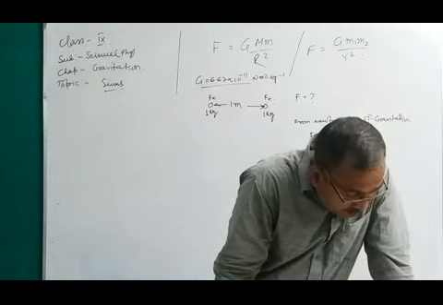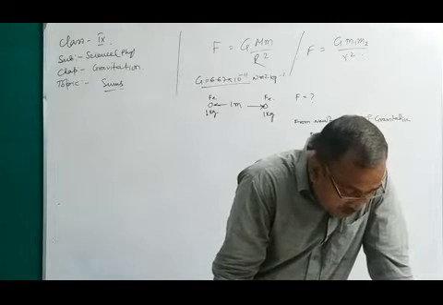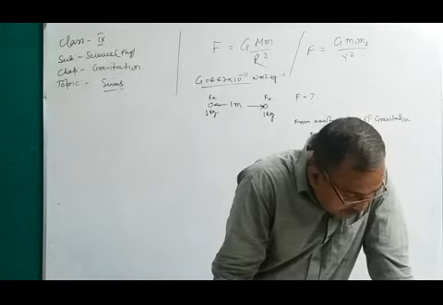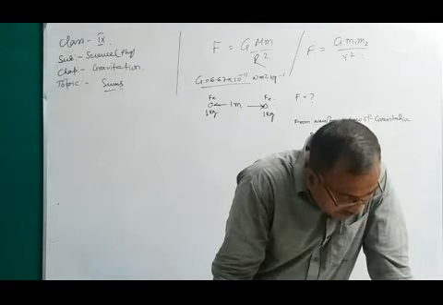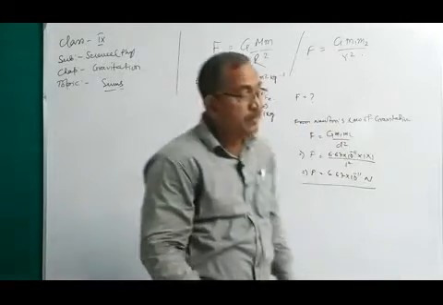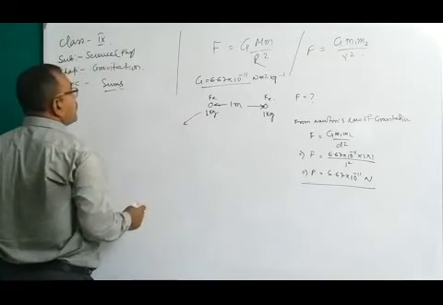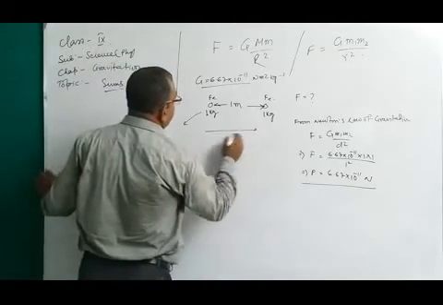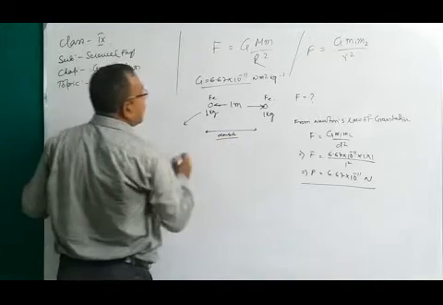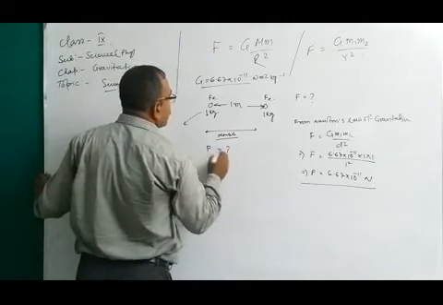The gravitational force between two objects is 2 Newton. What will be the gravitational force between these objects if the distance between them becomes double? Suppose the distance is double, what will be the force?